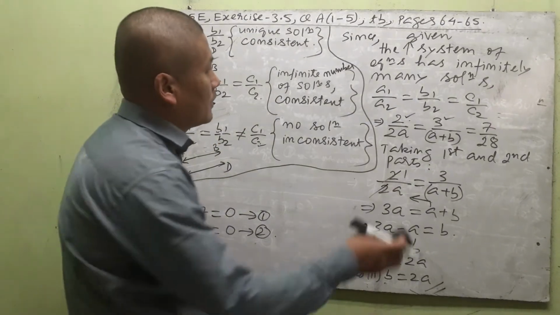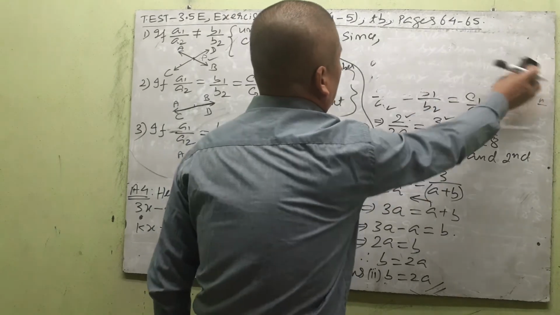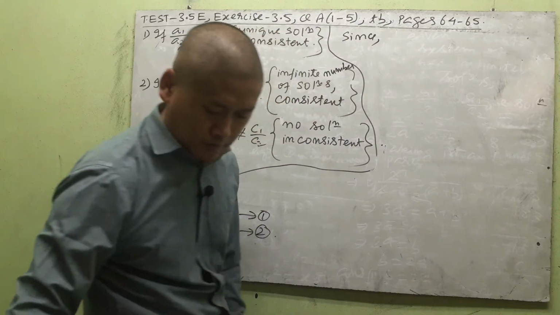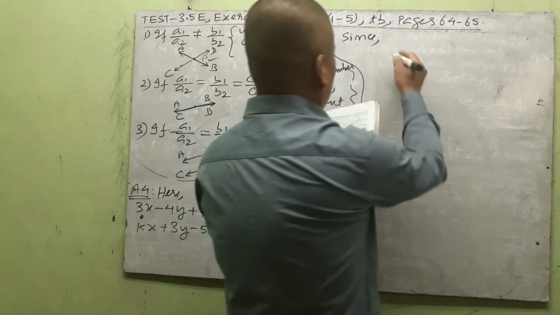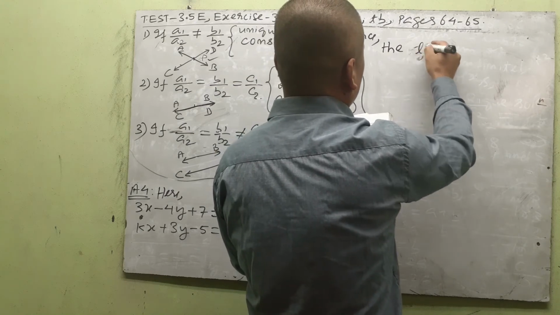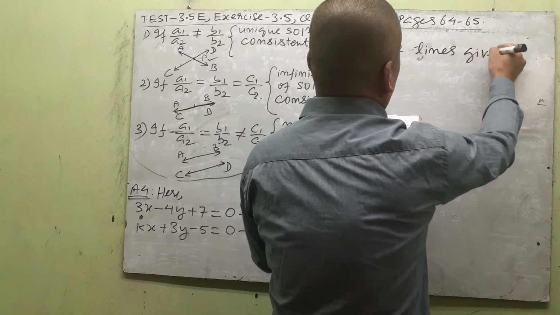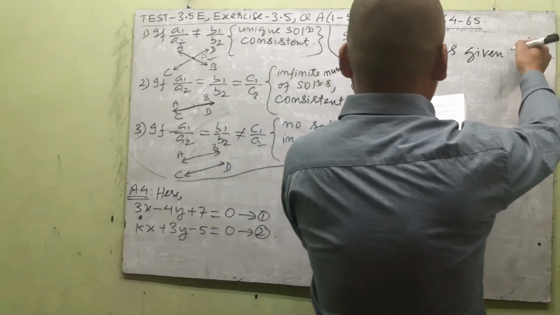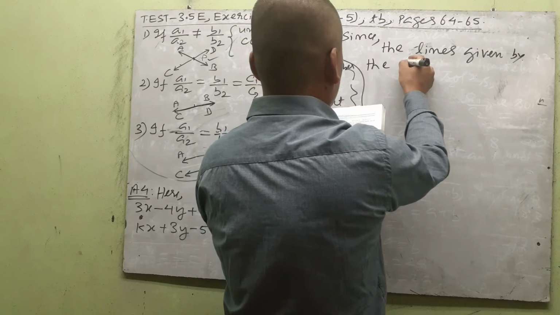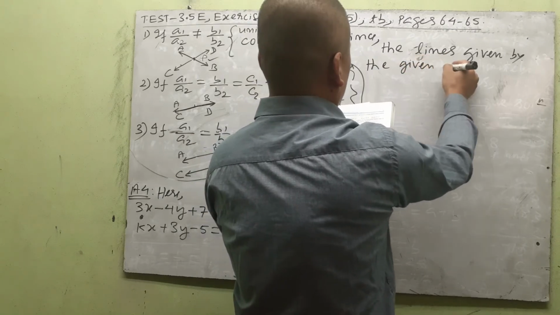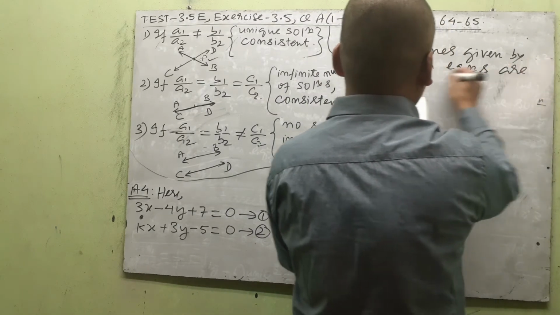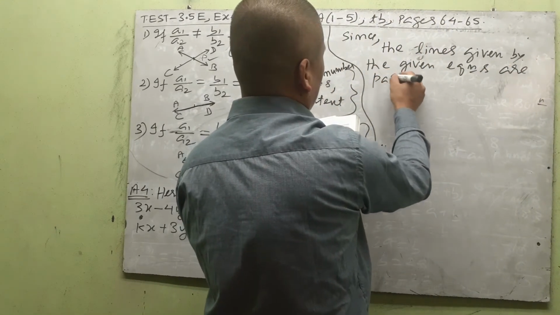So we write here, since the lines given by the given equations, the pair of linear equations, are parallel.